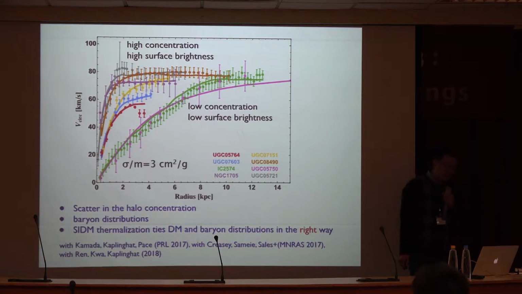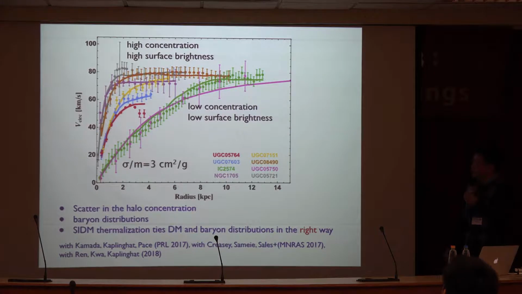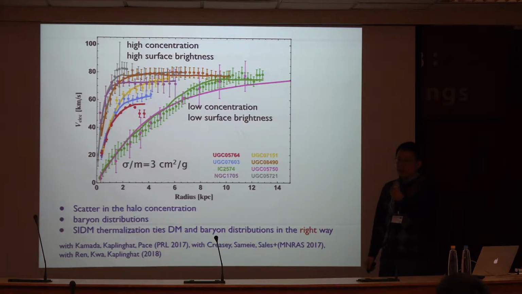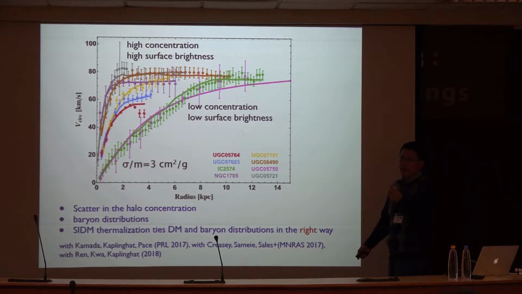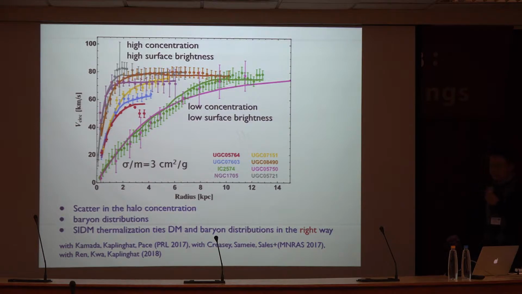For high surface brightness galaxies, the baryon concentration is high, and the SIDM central density is high. While for low surface brightness galaxies, the baryon concentration is low, and so the influence on the SIDM density profile is weak. But the important point is that the SIDM thermalization process will tie the dark matter and the baryon distributions just in the right way to explain the data.